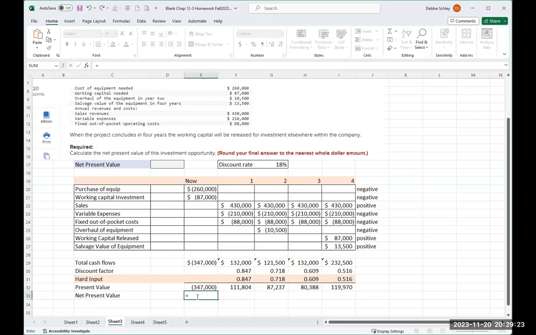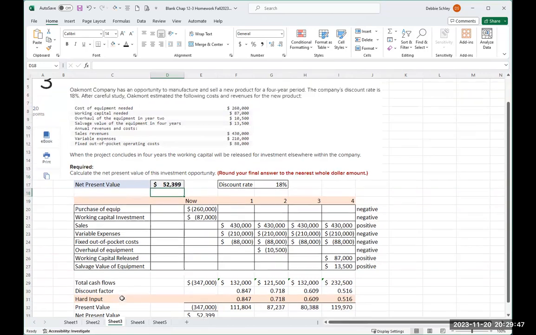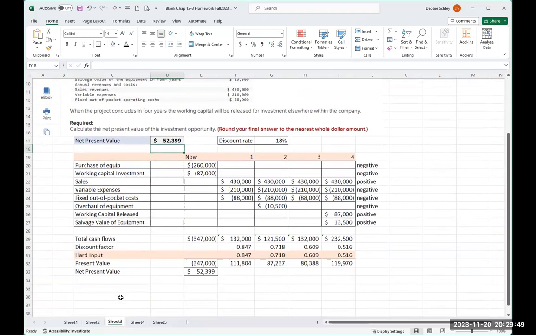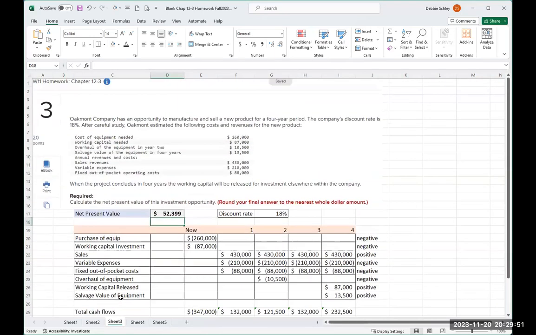So equals sum and reference all these across. Close parentheses. So my net present value is 52,399. And they said to round it to the nearest whole dollar amount. Okay, so that is, I believe, everything you needed to do for question 3.